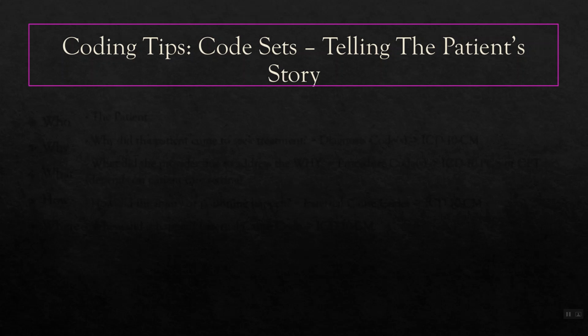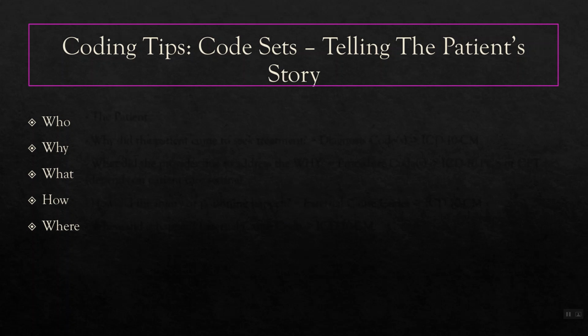The who, what, where, when, why, how, all of that we're going to answer. So we start with the who, followed by why. Then we have the what, the how, and the where. Okay? So those are the questions that we need to follow and make sure that we're using data codes to explain this information when we are submitting bills to a third-party payer.